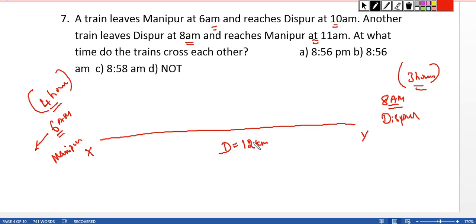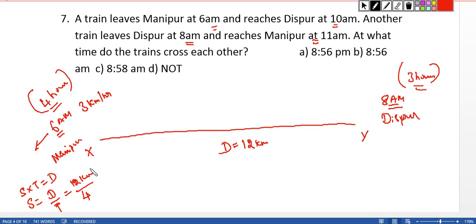We know the distance is 12 kilometers and it takes 4 hours to travel. Speed into time equals distance, so speed is distance by time. Distance is 12 kilometers, which we have assumed, and the time it takes is 4 hours. So speed is going to be 3 kilometers per hour.